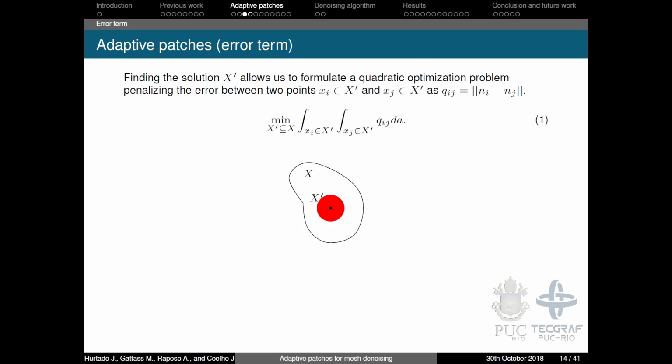So, we propose to find this subset by solving an optimization problem, such that we have to find a subset X prime included in X, where the normal difference between any 2 points contained in X prime must be minimum. So now here we'll have a crisp subset X prime as solution.